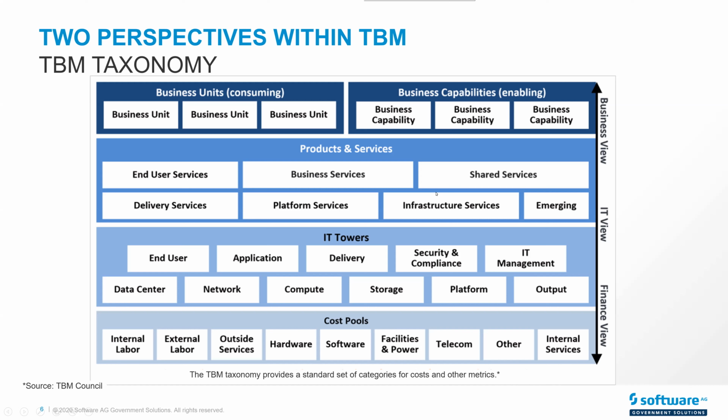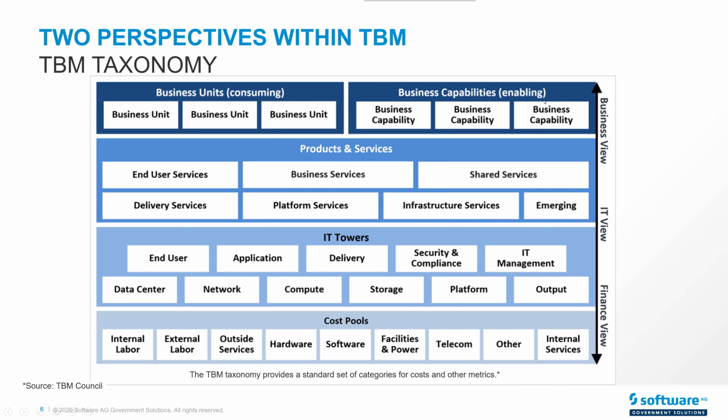There is seemingly a dividing line here, with business services and shared services being more of a business view, and then end user services, platform services, infrastructure services, and then the new stuff being more of the IT view. And then finally, we need to account for these costs of how the business is consuming the products and services, how they are allocated those costs.